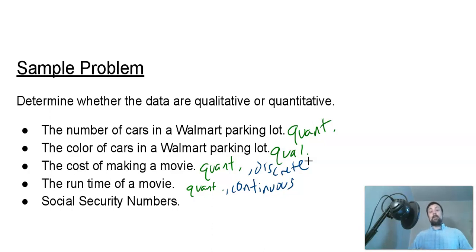Can you add them together? Is that a meaningful thing to do? Can you subtract them? And if the answer is no, even though it's numbers that are being given to you, if you can't do numerical things with those numbers, then those numbers are probably more labels than they are actual numbers, which makes the data qualitative rather than quantitative. So that's just an interesting fringe case to consider.